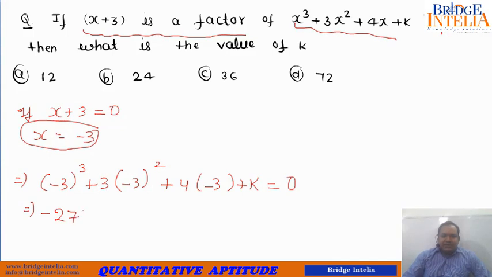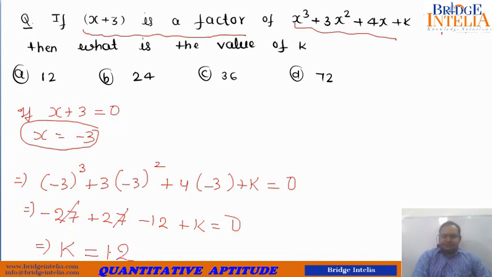And this is 3 into 9, 27. Minus 12 plus k must be equal to 0. So this cancels, and from here you can conclude that k must be equal to 12. So this is the correct answer.